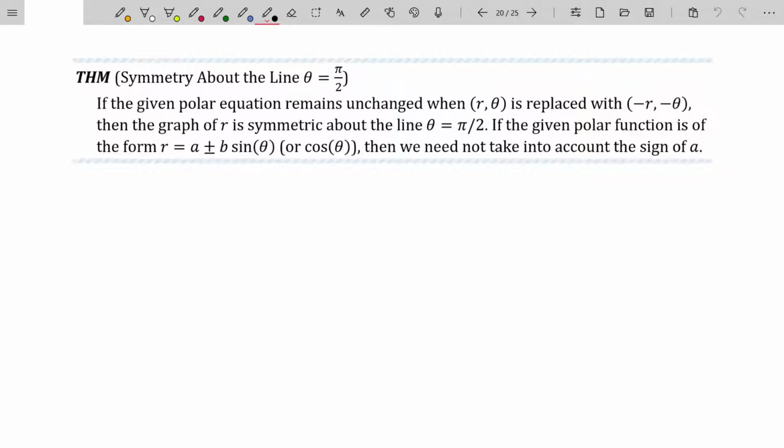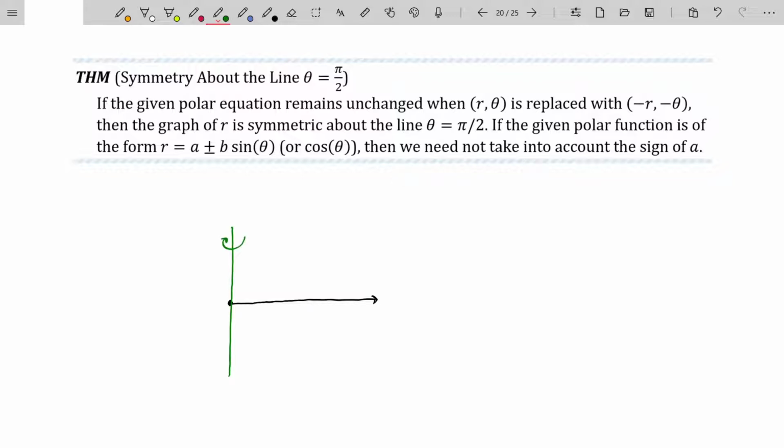So the first theorem is about the symmetry about the line theta equals pi over 2. When we're dealing with the polar coordinate system, theta equals pi over 2 is the vertical line that would normally represent the y-axis. So we're really talking about what we would often call in Cartesian systems an even function, a function that is symmetric about the y-axis.